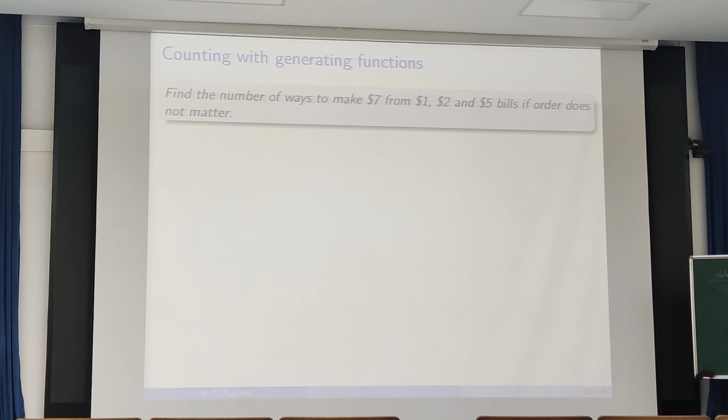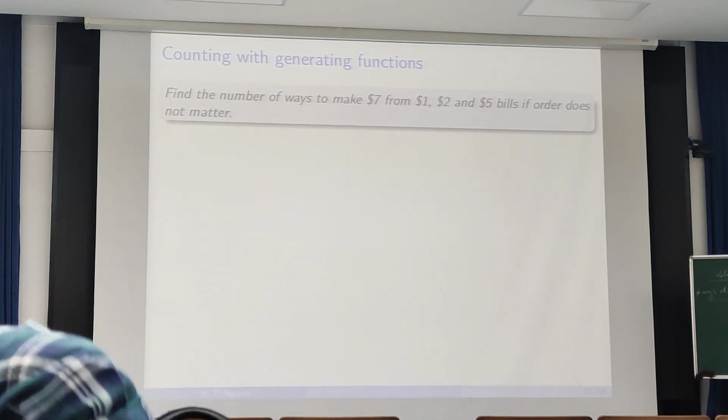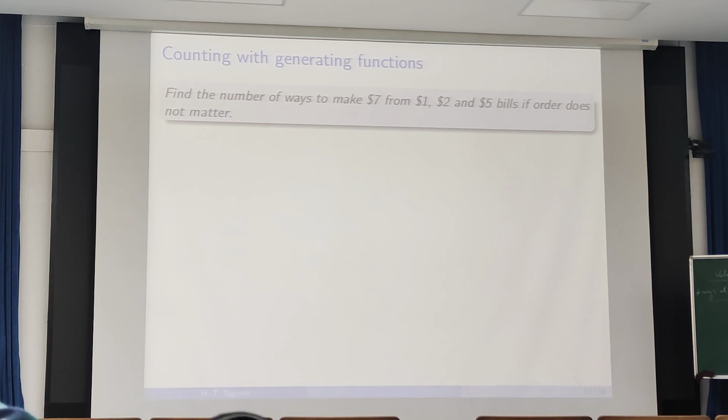So 0, 1, 2, 3, 4, 5. This will denote the number of ways with the $1 notes. In order to make $0, there is one way.